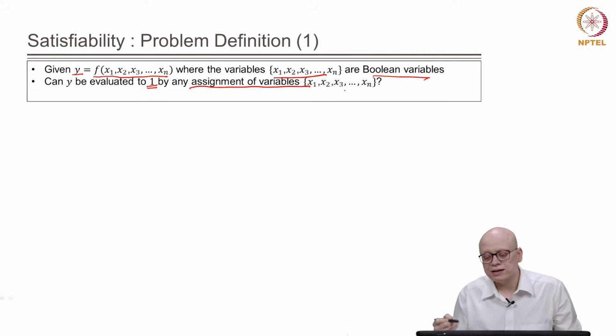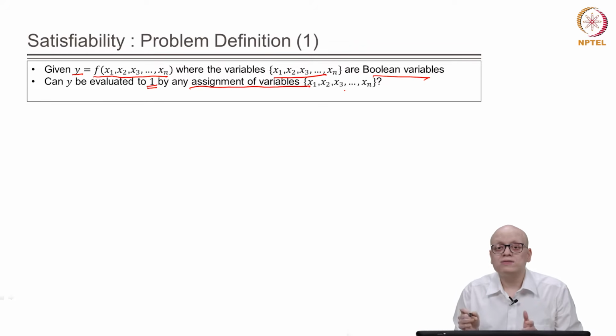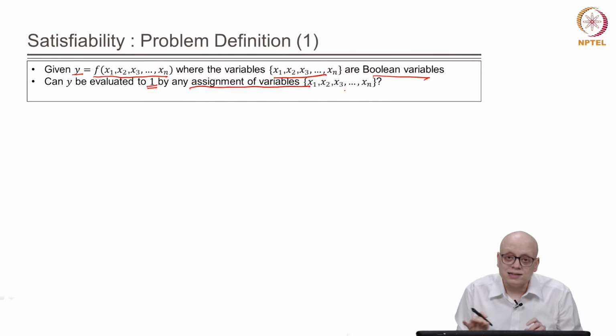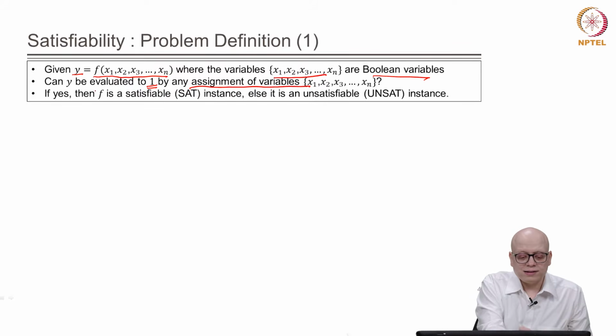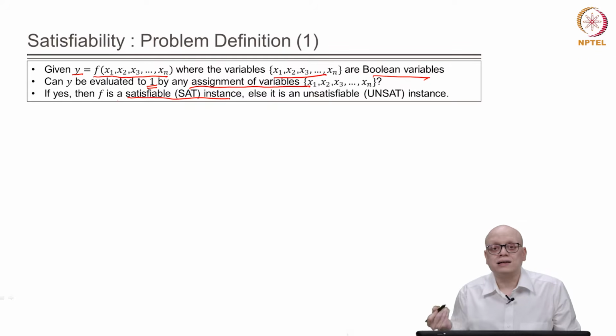All these variables can take only binary values, zeros and ones. Can we find a combination of values for x1 to xn such that y evaluates to 1? If yes, then f is said to be a satisfiable instance, or SAT instance.